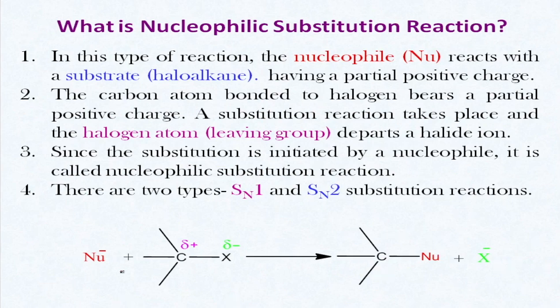The carbon-halogen bond is partially charged and polarized: carbon has a partial positive charge and the halogen has a partial negative charge.